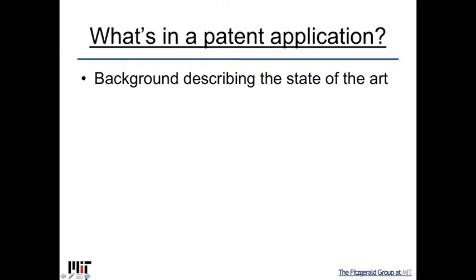So this gives context. You do want to reference other patents that are relevant, but it's not quite like a scientific publication where you reference a lot of non-patent literature. I mean, you can do that, but most attorneys I've worked with, that's not that useful.